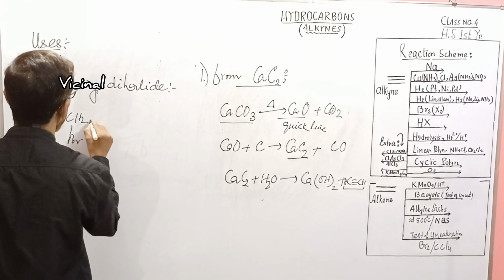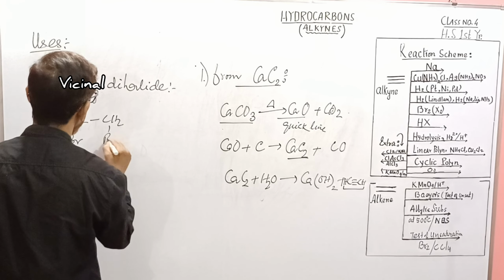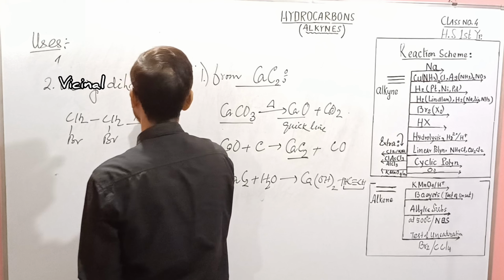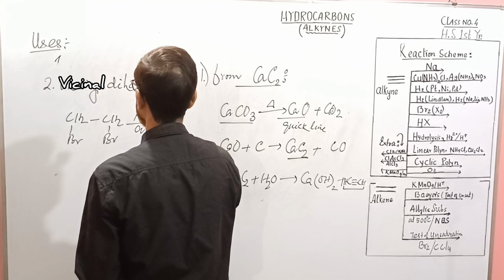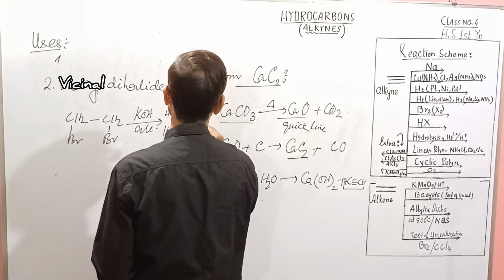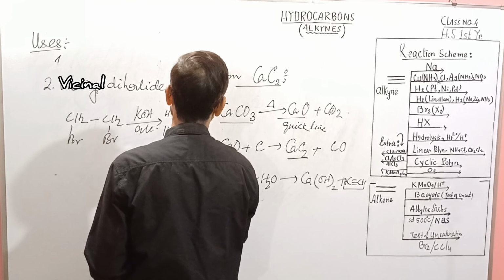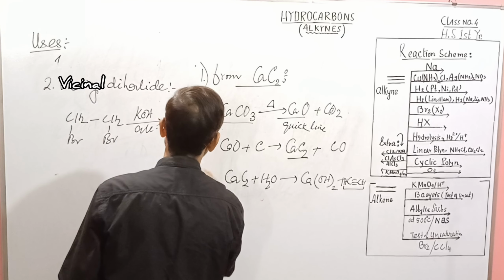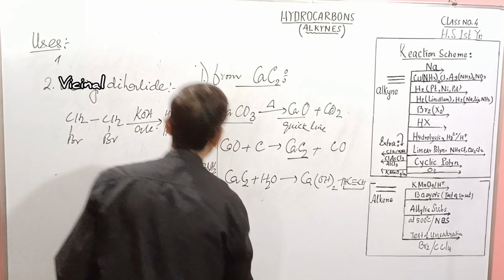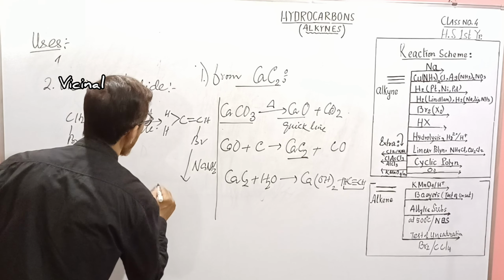CH2Br-CH2Br with alcoholic potassium hydroxide, and this is sodamide, I also gave you at the beginning of the class.